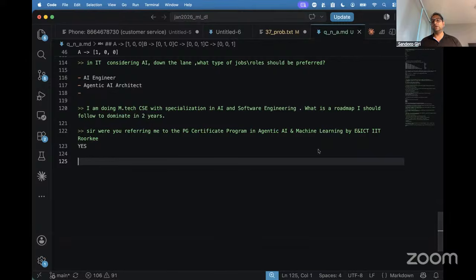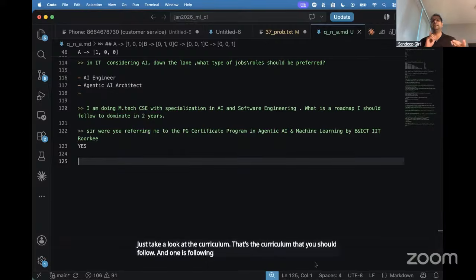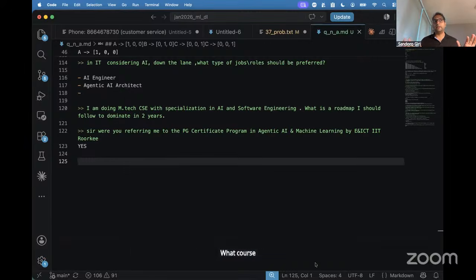Just take a look at the curriculum. That's the curriculum that you should follow. And one is following the curriculum, other is following a psychology. No matter where you're studying, no matter what course you are attending, my honest request to everybody is: be hands-on.